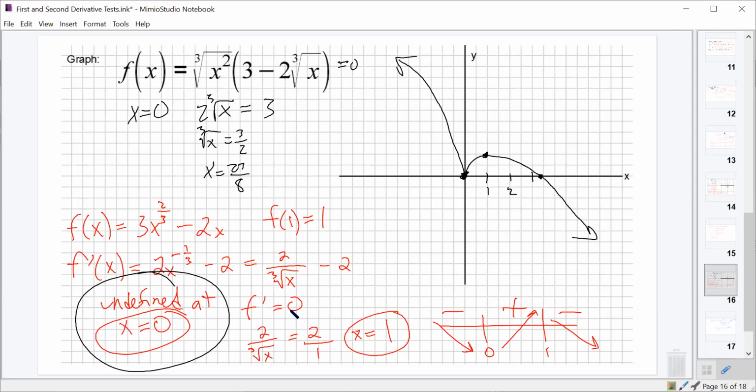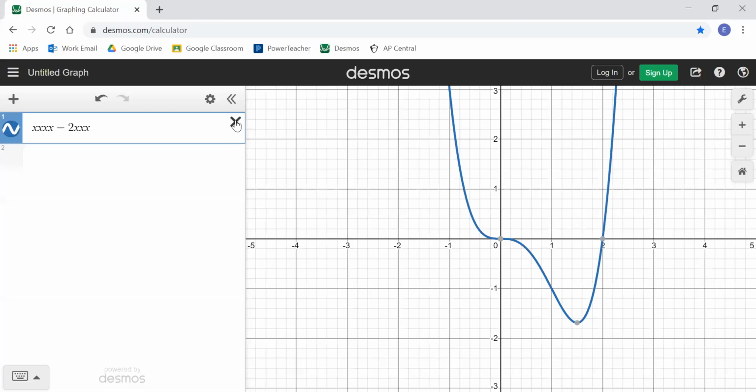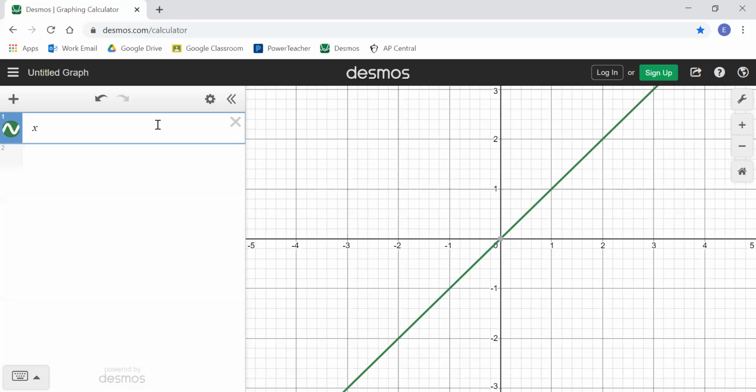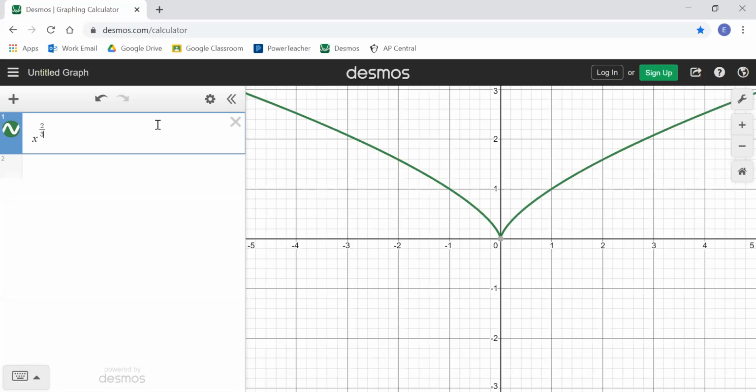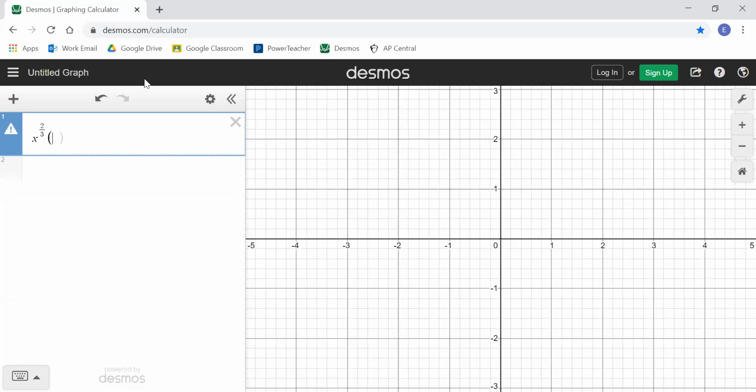Good. Great. And just to verify our work here, we could take a look at it in Desmos and see an even nicer looking version. What was it? X to the 2/3 times. What was the other part of it? 3 minus 2x to the 1/3.